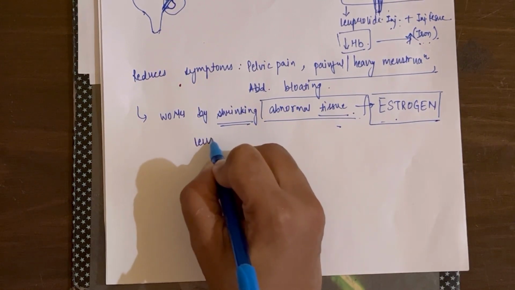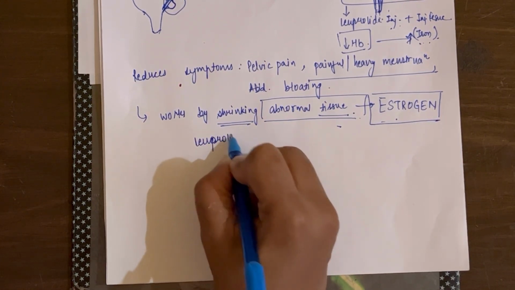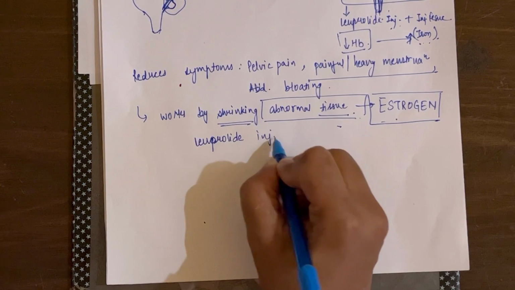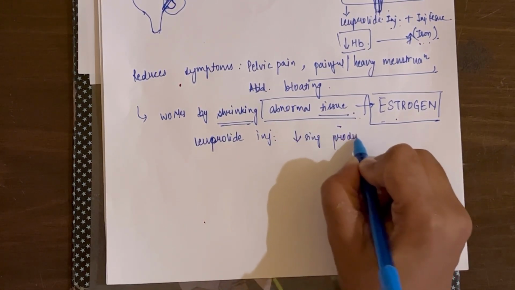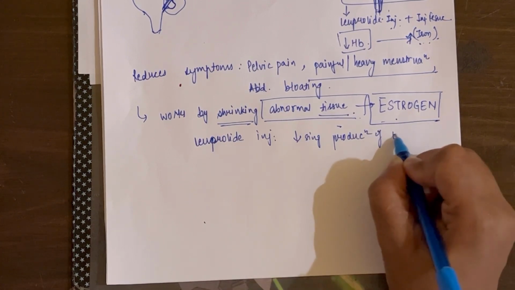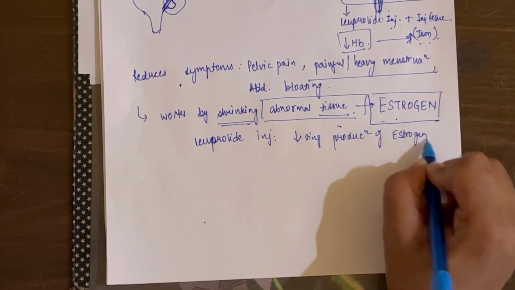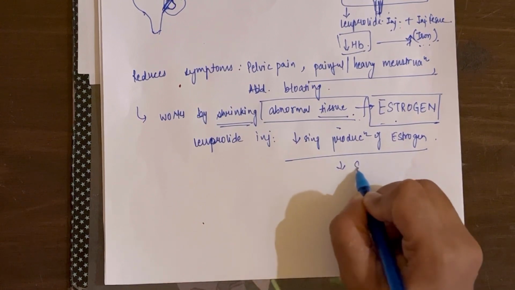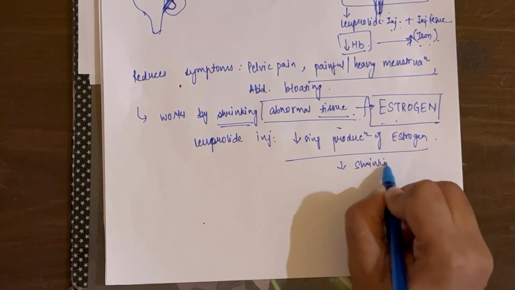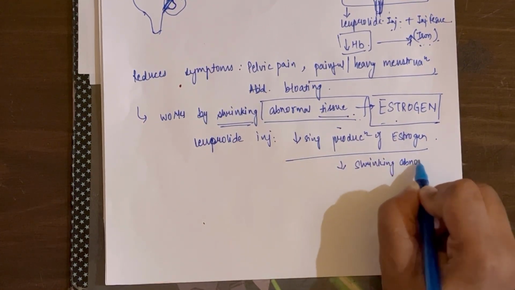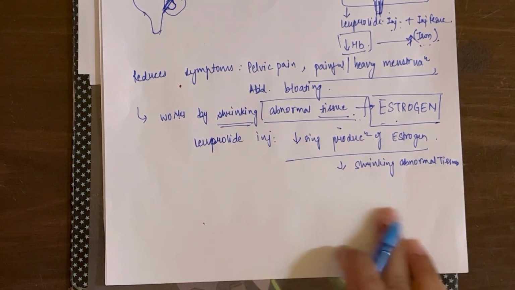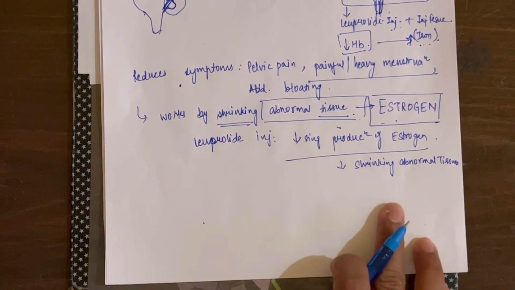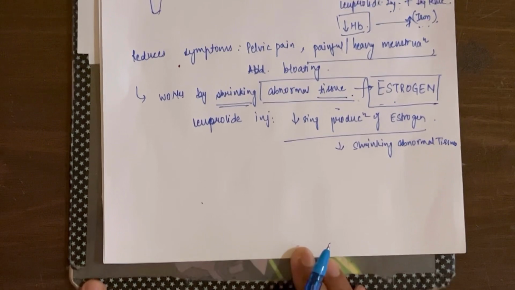So whenever you are giving the Leuprolide injection, it works by decreasing the production of estrogen in the body, thereby shrinking the abnormal tissues. So in short, this is the pathophysiology of this injection, that is how it works. Now how is it given?